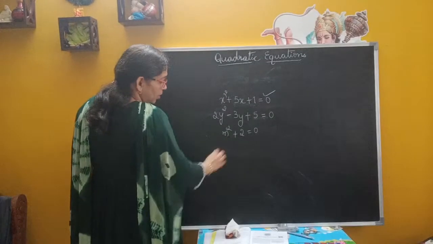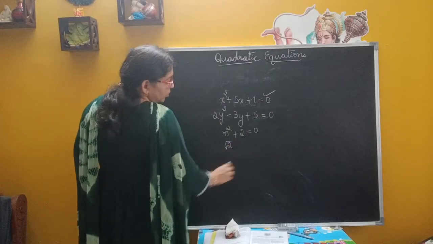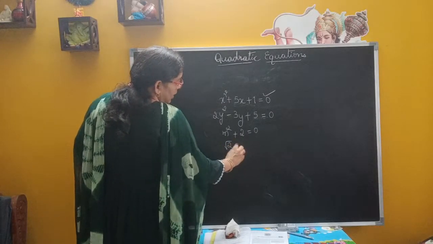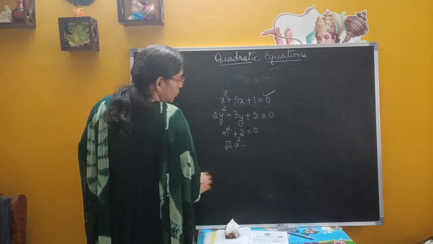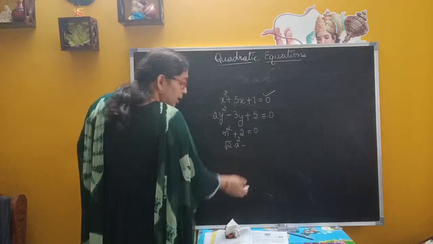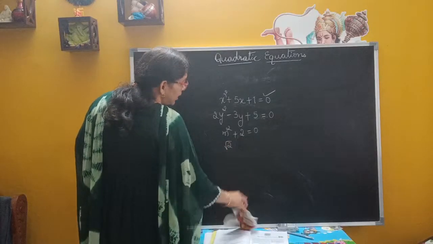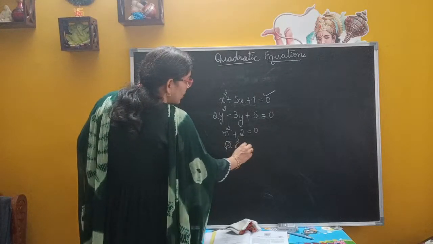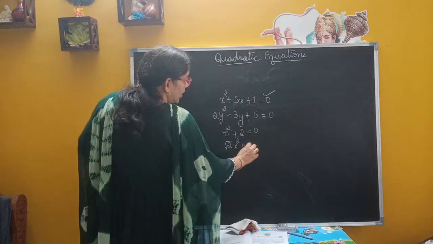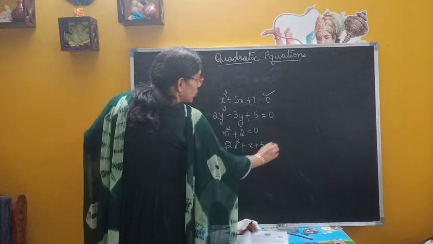I'll write one more. It is root 2 x square plus x plus 5 is equal to 0.